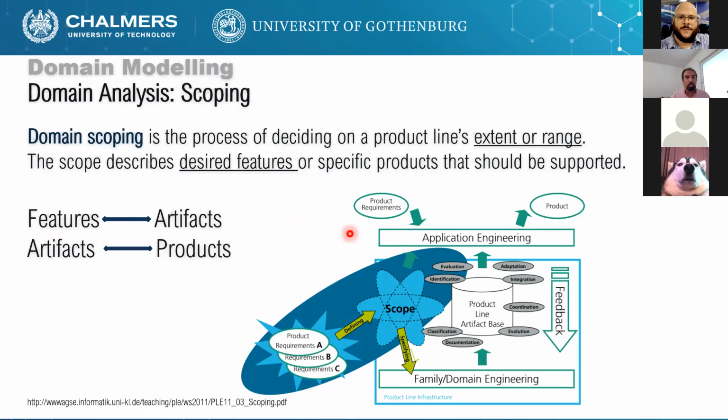So this diagram depicts that these are products that you have. You go through the scoping to see which of these products are going to be part of your artifacts engine that will produce several artifacts.